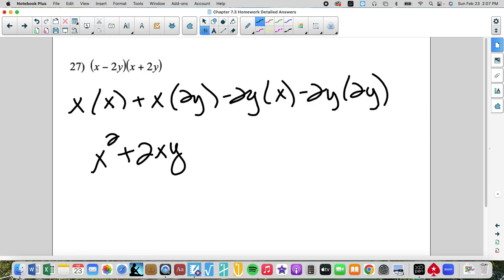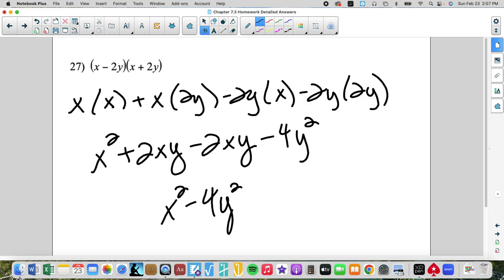Negative 2y times x is negative 2xy, not 2yx, alphabetical order. And then that's going to be minus 4y squared. These cancel. 2xy and negative 2xy are like terms. They have the same variables to the same exponent. You combine their coefficients. 2 and negative 2 makes 0. So you're left with x squared minus 4y squared.